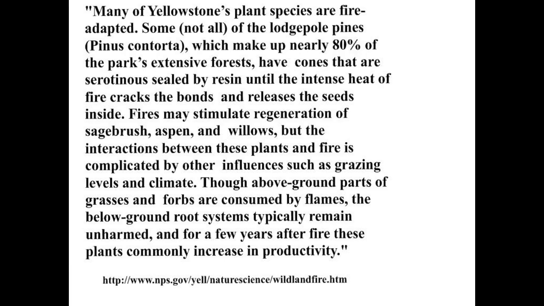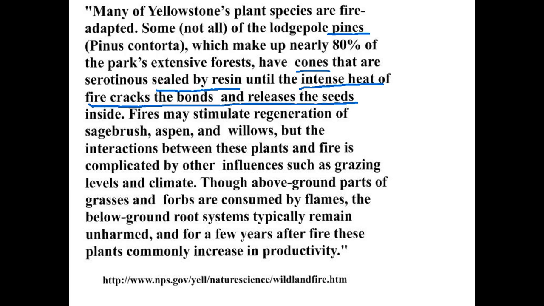Many of the pines in Yellowstone National Forest have pine cones that are sealed up by rosin, and this rosin seals the seeds inside the pine cone. And the only time that the seeds are released is by the heat of a fire cracking and releasing the seeds.